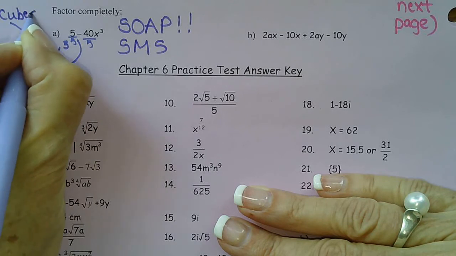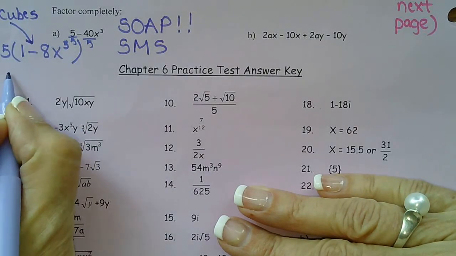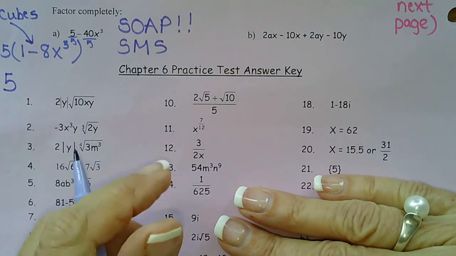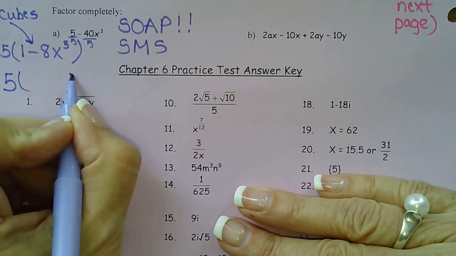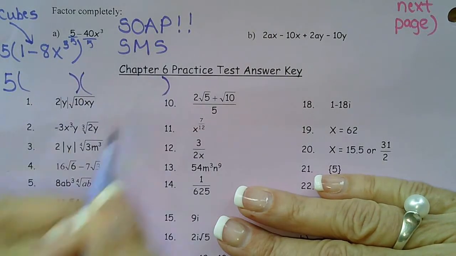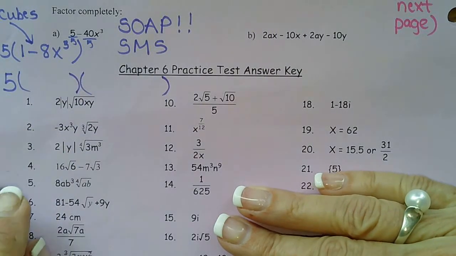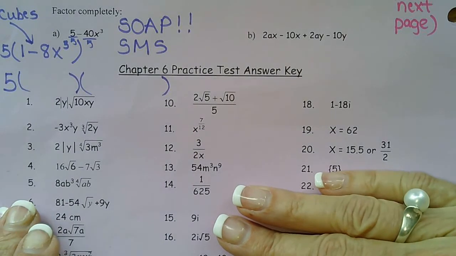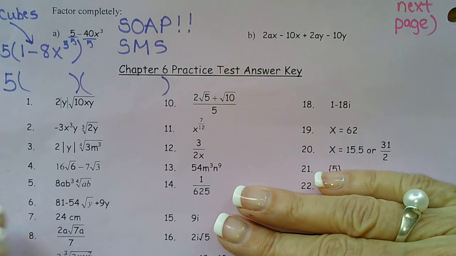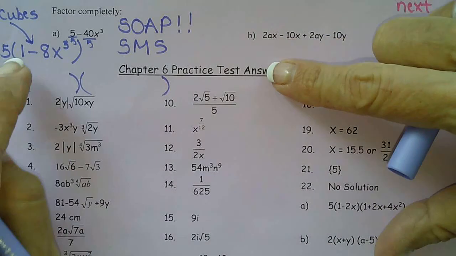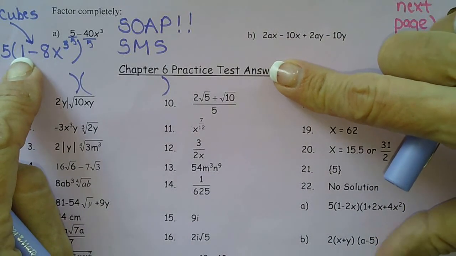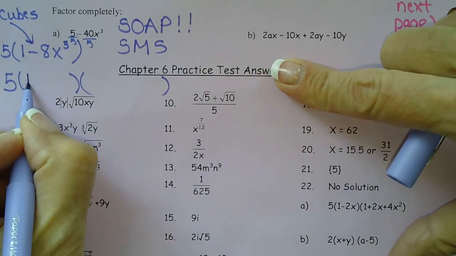So that means 5 stays outside. We learned with cubes, you have a small parenthesis and you have a large one. And yes, you do have cube factoring on the final exam. So this is one you need to know. So we learned first you take the cube root. So the cube root of 1 is 1.